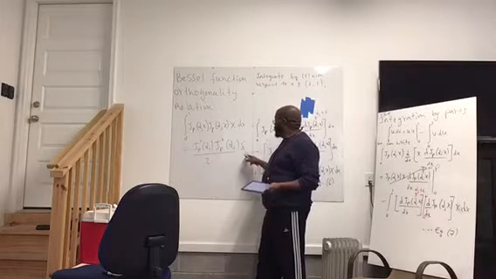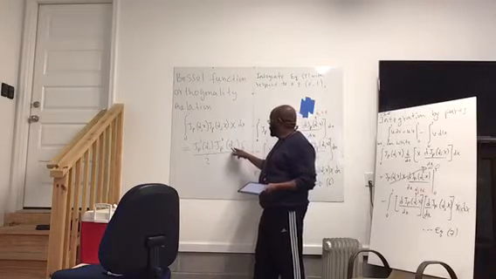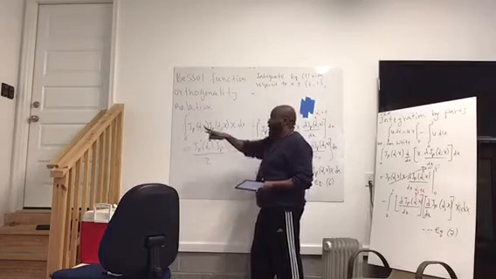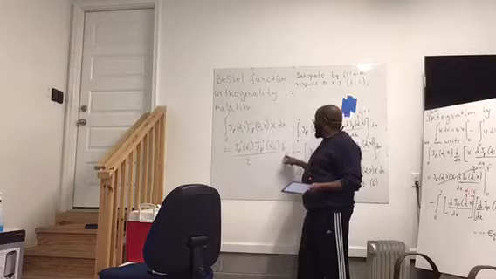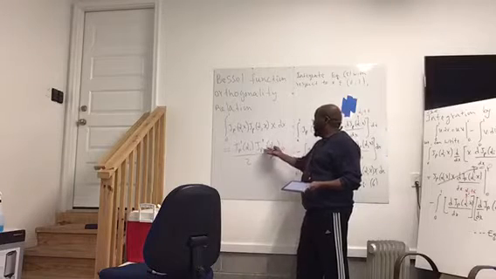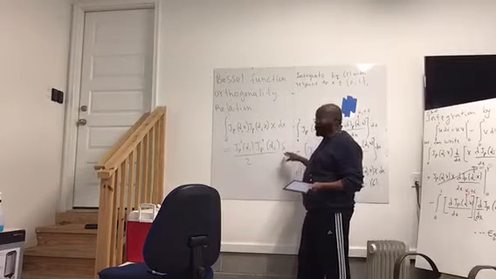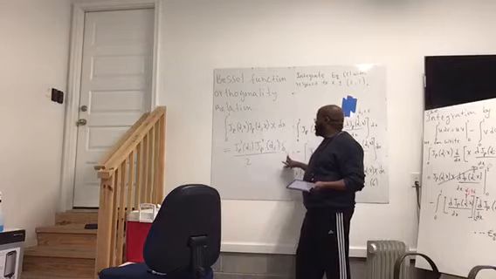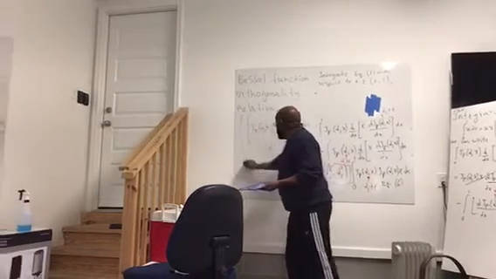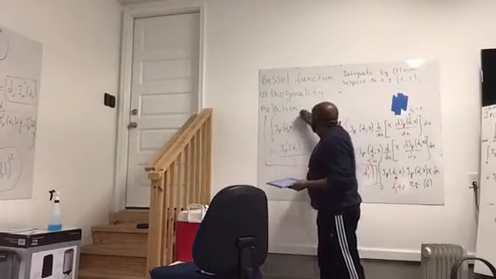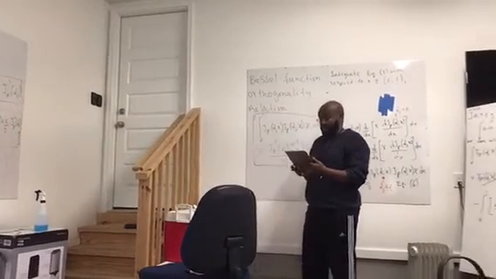So when i equals j, we get what we found over there. And when i is different from j, because of the canonical delta, it's going to be 0. So that is the orthogonality relation for the Bessel function.